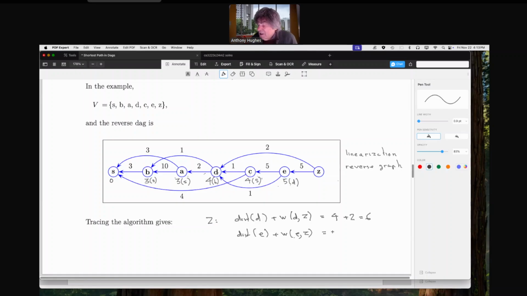Distance to E is 5, and the weight is 5, equals 10. So this one's out, so this is 6, and the parent is D.